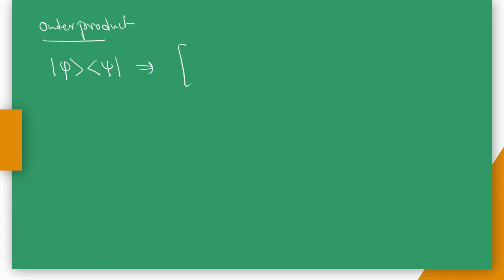Here, this is the ket, and this is another parameter, the bra. So here, a column matrix times a row matrix. Just see here.